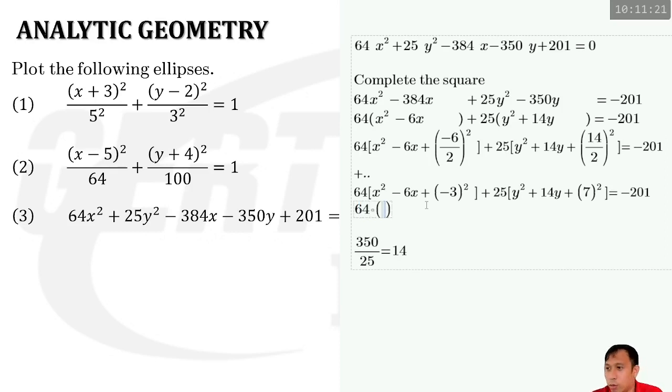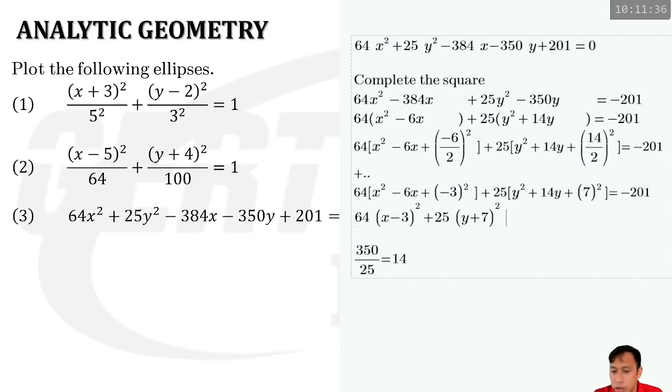64, i-factor out ko muna ito. This should now be written as 64 times x minus 3 squared, then plus 25 times y plus 7 squared.